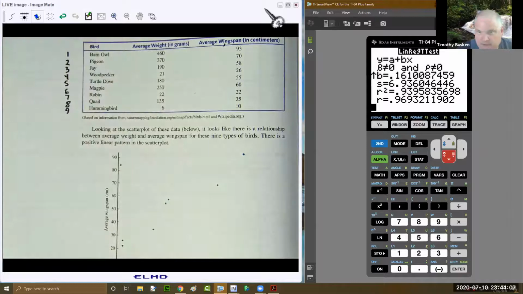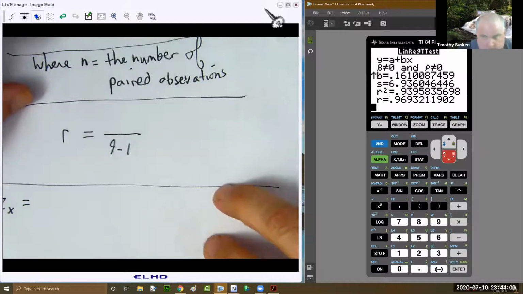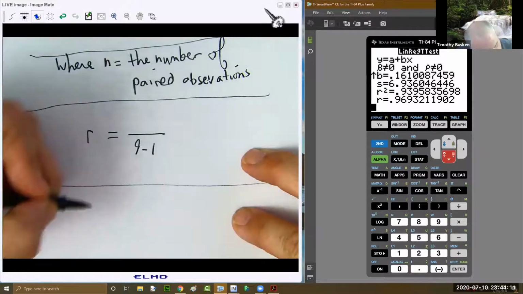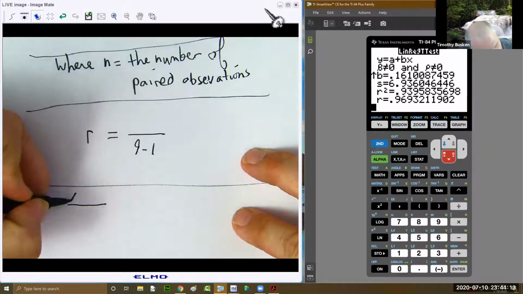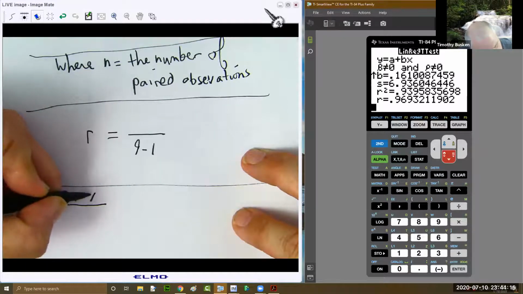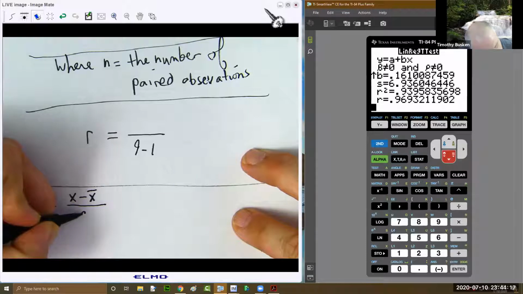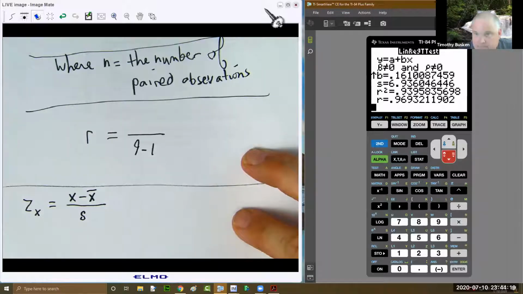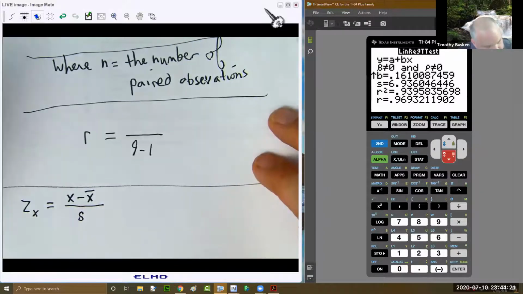In other words, we're finding the z-scores for both the x and the y data. zx will be x minus x bar over s, since this is a sample of birds.